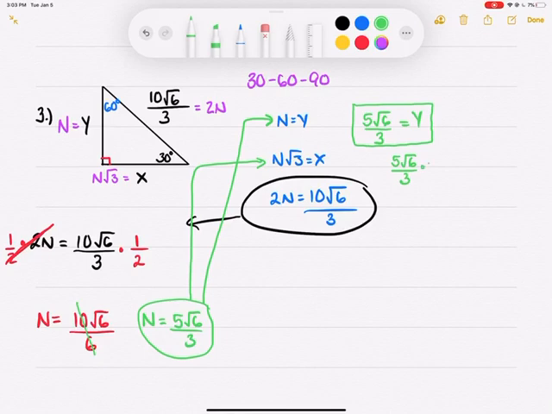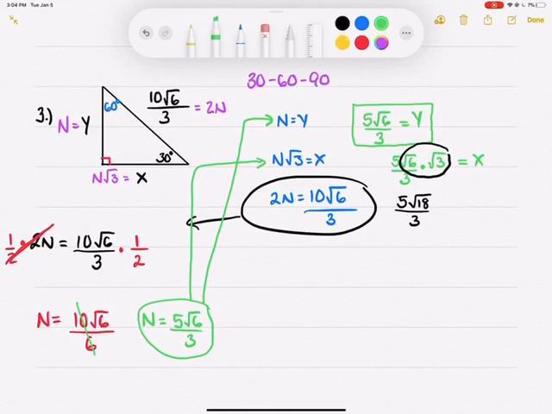And I need to multiply that by the square root of 3, and then that's going to equal x. So really all I'm doing is taking the square root of 6 times the square root of 3. I can multiply these guys no problem. 6 times 3 is 18, so this becomes 5 times the square root of 18 over 3.